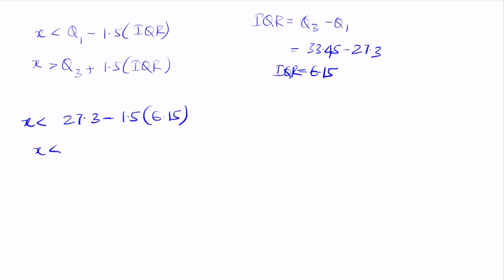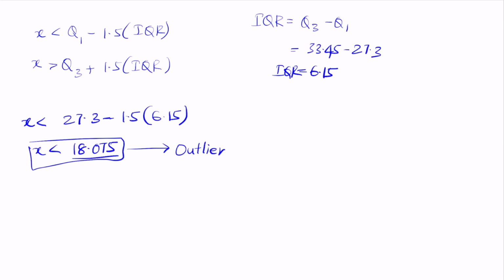So let's find this value. That gives you 18.075. So if there is an observation that's less than 18.075, that's an outlier.